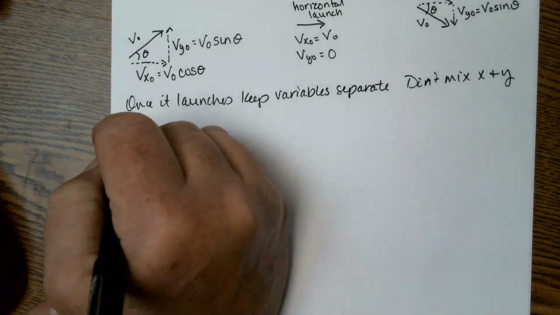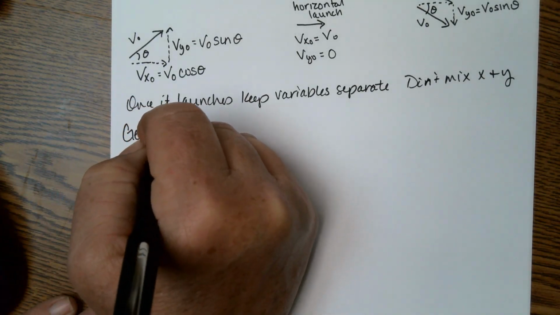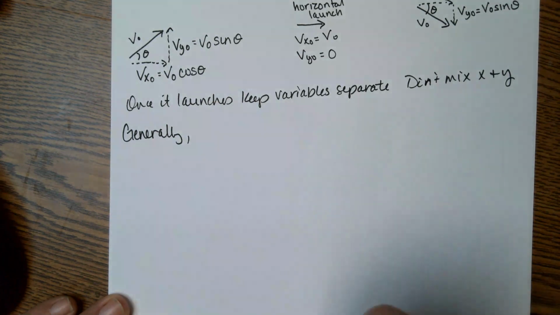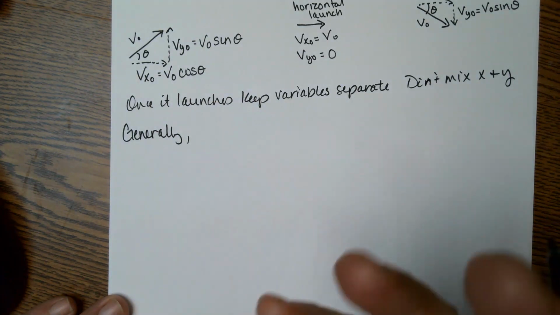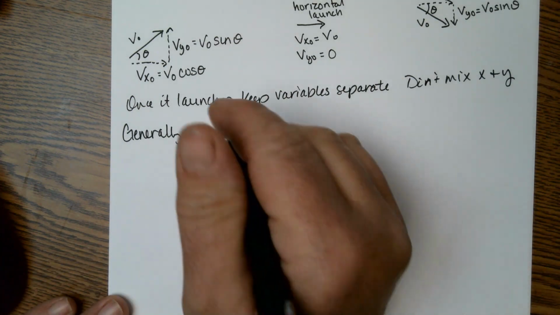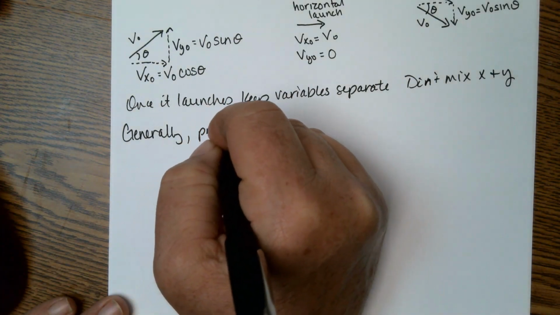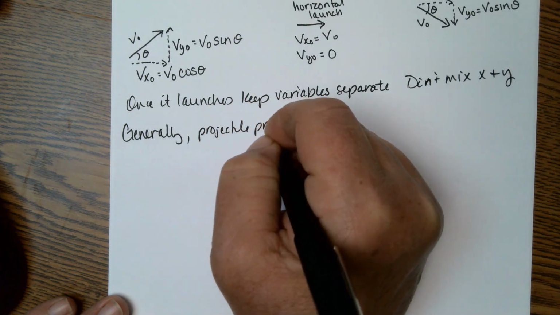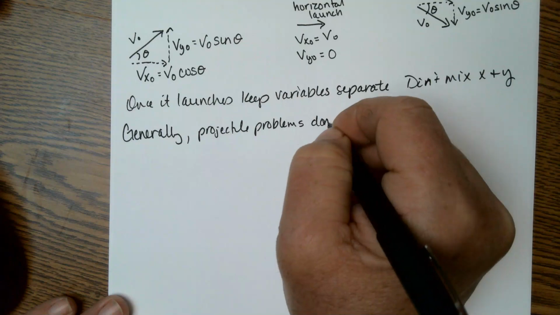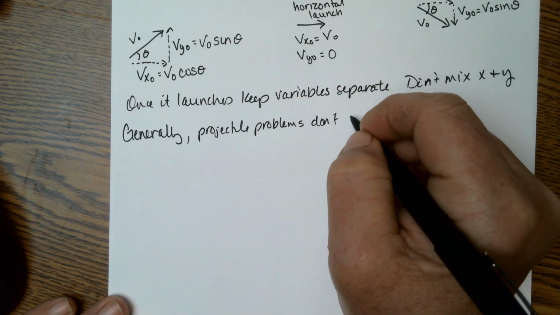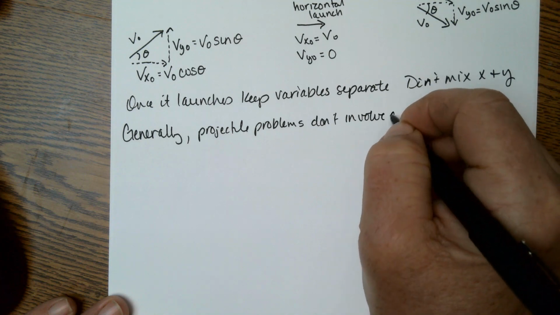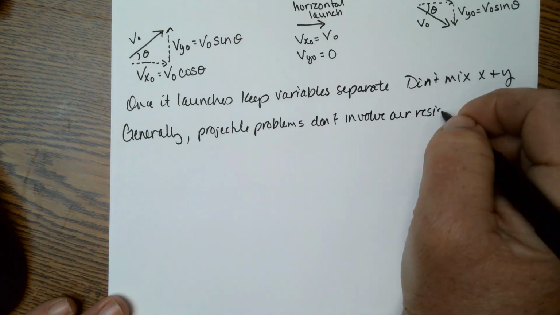Now, generally when you do a projectile motion problem, and I think I can almost say it's always, projectile problems don't involve air resistance. I don't know when they would on an AP test, because if they involve air resistance, then the kinematics are out the window.